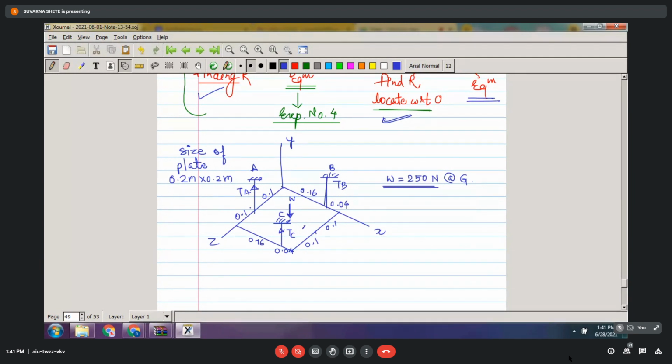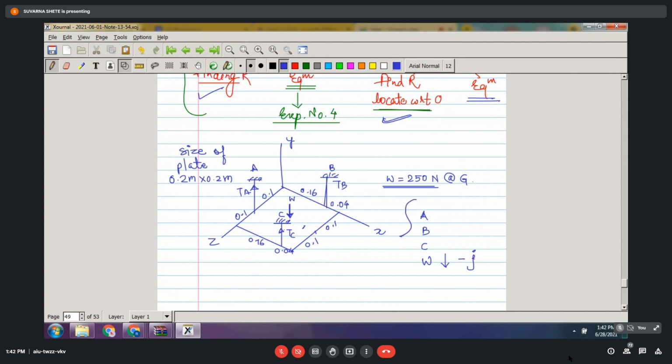From these values of distances, you can find out the coordinates for points A, B and C. And your W will be acting in the downward direction, which will be minus J.